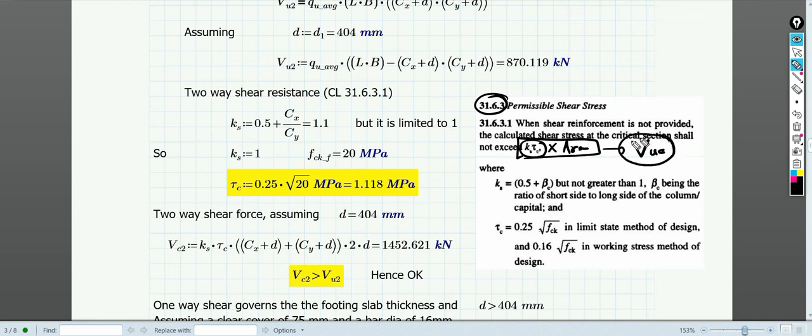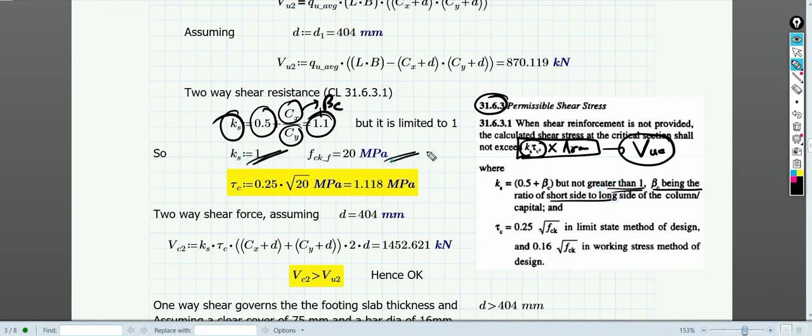Suppose this is tau c, so first find out Ks. Ks is 0.5 plus beta c, and beta c is the ratio of the short side to the long side. So Ks is 0.5 plus short side by long side. It comes out to be 1.1, and it is also mentioned that it should not be more than 1. So take Ks is equal to 1.